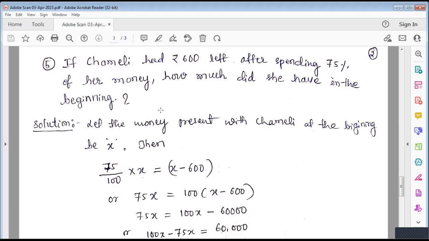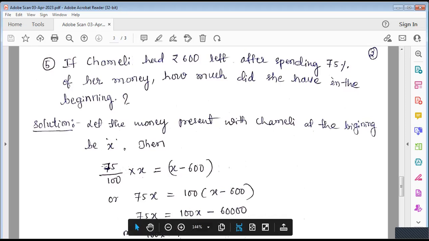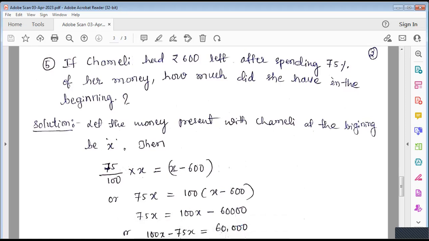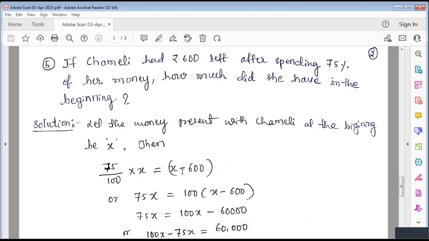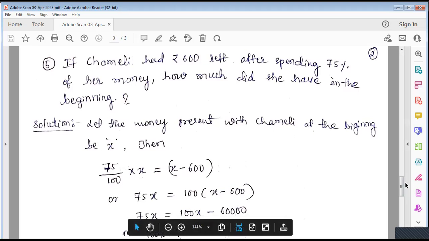So this we can write mathematically in this way. 75% of X is equal to X minus 600. X was the money in the beginning, but now 600 is there. So this is the 75% of X. Therefore, we are equating 75% of X to X minus 600. So this is the important step.